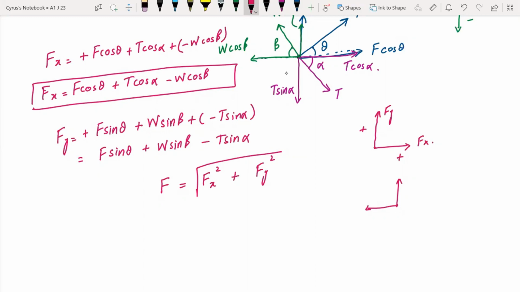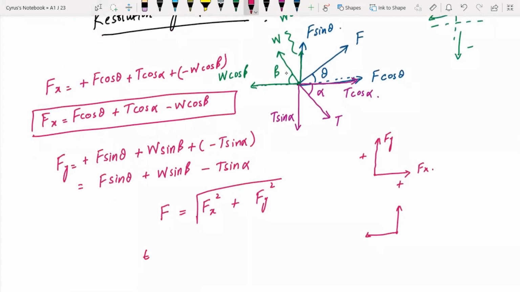अच्छा, उसके बाद आप क्या करेंगे, when you find the direction, it is tangent theta is equal to fy over fx.